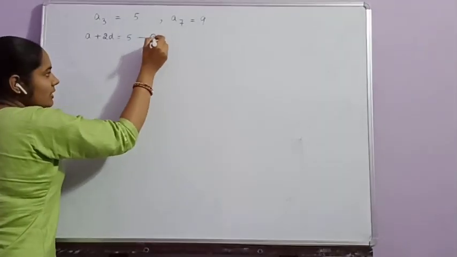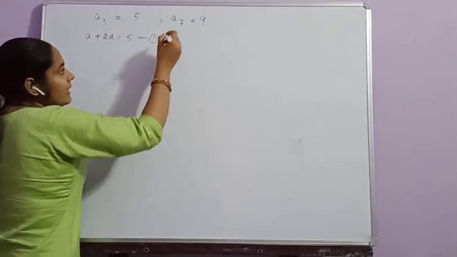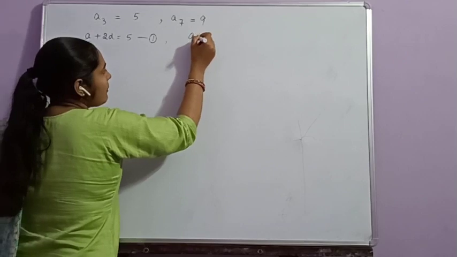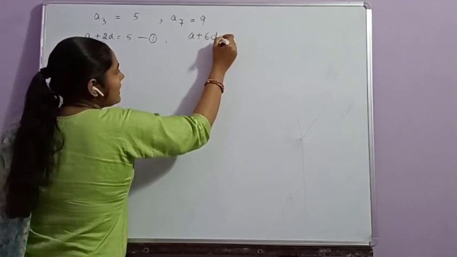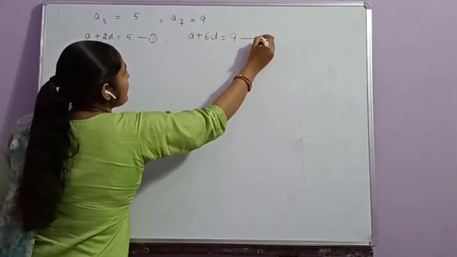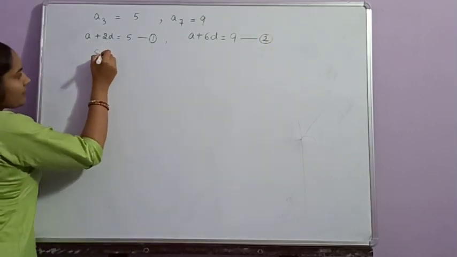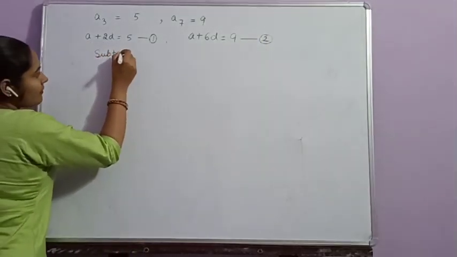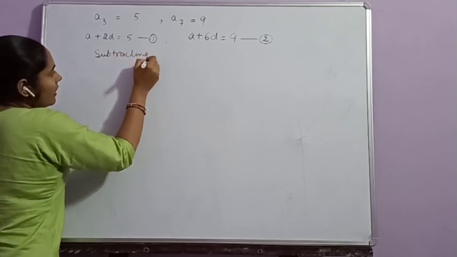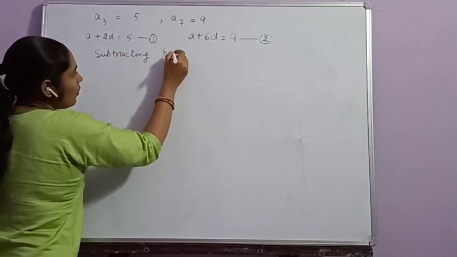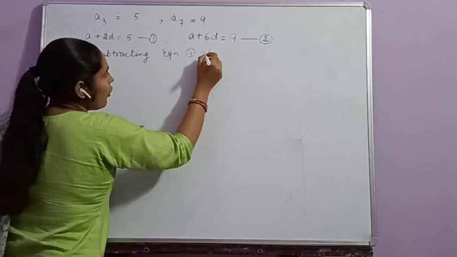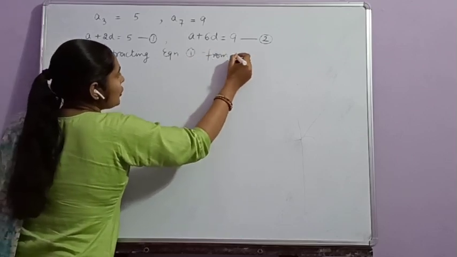That will be the first equation. Similarly, A7 can be written as A plus 6D, that is equal to 9. Second equation. Subtracting equation 1 from equation 2.